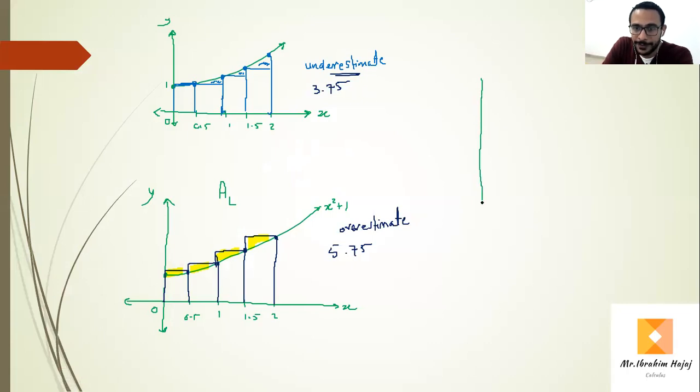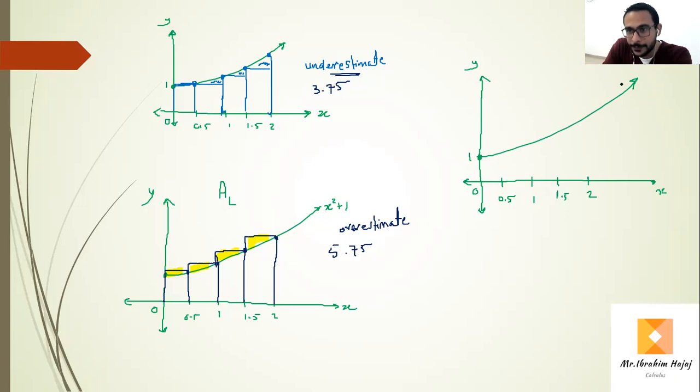with me guys, if we graph the midpoint one, yes, here is x and here is y. From 0 to 2 and here is 1 and here is 0.5 and 1.5. And we said here my curve starts from 1 and goes up like this. Okay.